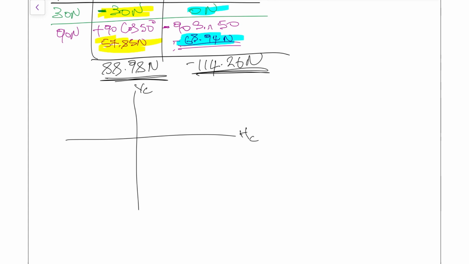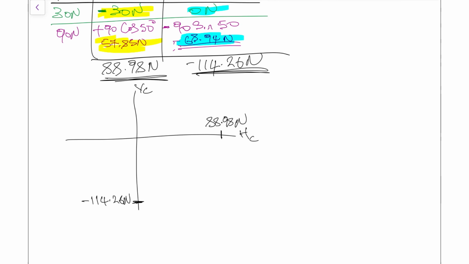And because the value that we got for the horizontal component is a positive value, that value will go here on that side of the axis, which is to the right. It's positive there. So that's our 88.98. And because our vertical component total is negative, that value will come down here, which is our negative 114.26 newtons.